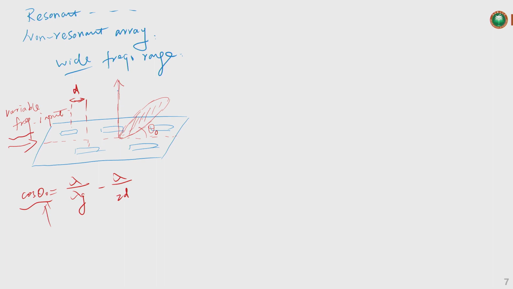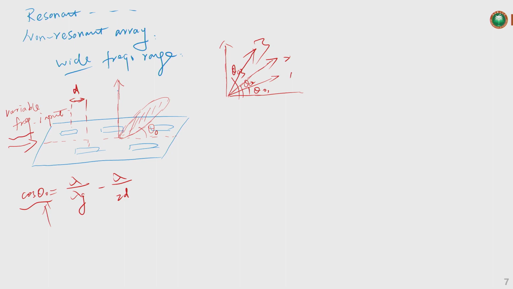Using arrows to represent the main lobes, each frequency component has a different output angle theta naught 1, theta naught 2, theta naught 3, achieving a frequency division.